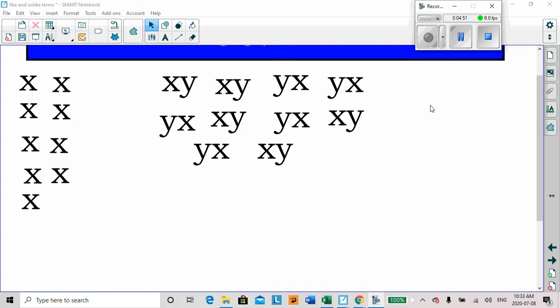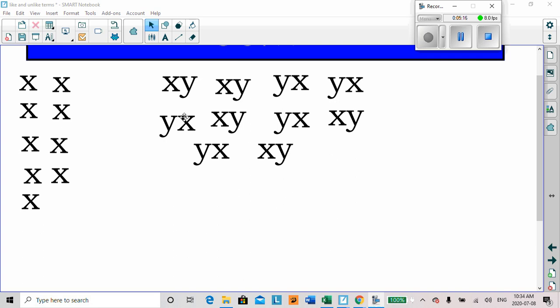If you're confused about why I was able to put the XY's with the YX's, think about the fact that when we put two things together like this, it means that they are multiplied together. And when you multiply two things together, the order doesn't matter. If you do 2 times 3, you get 6. Or if you do 3 times 2, you get 6.